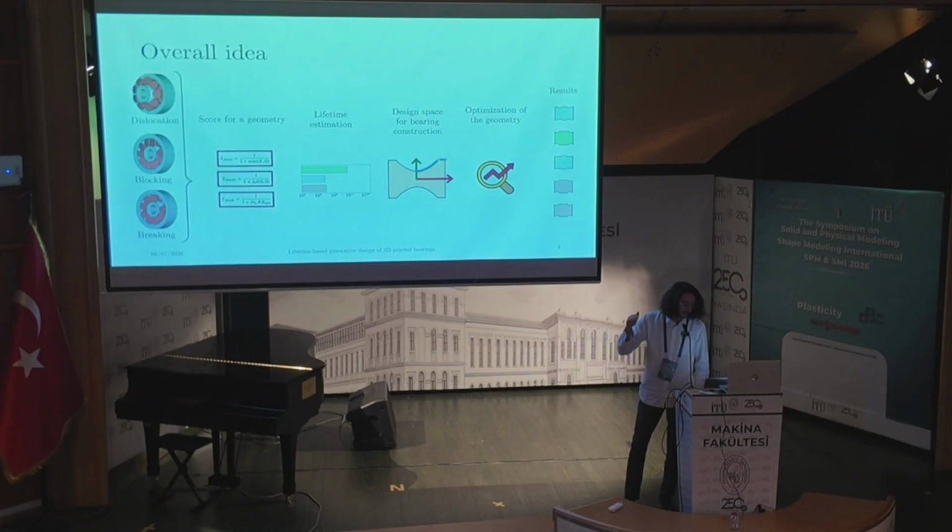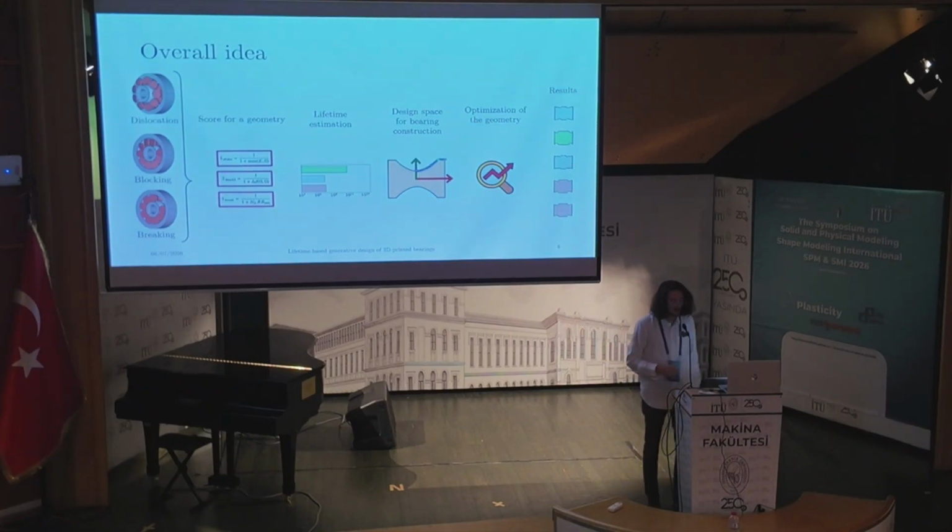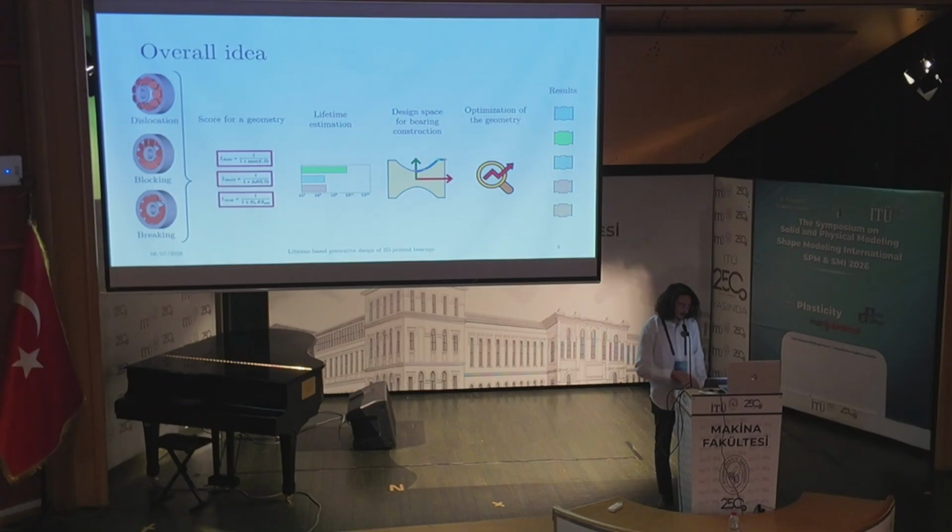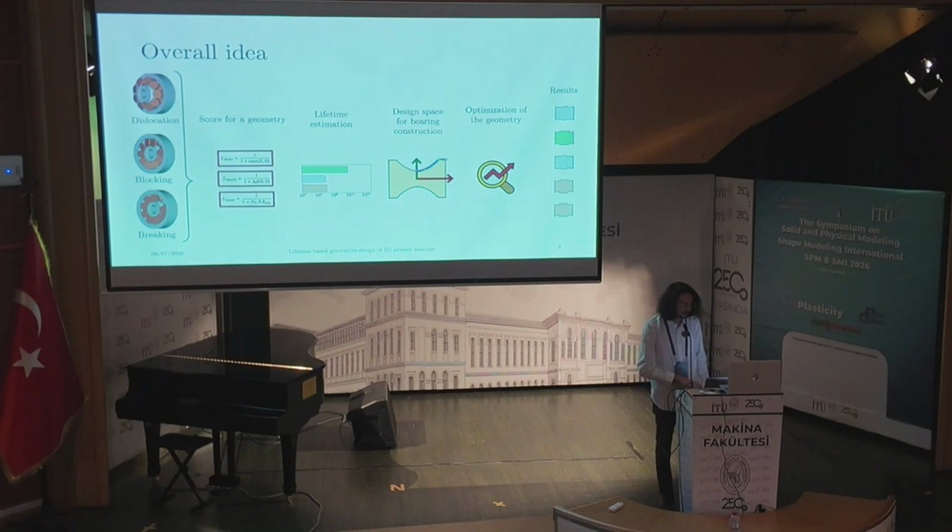Like this, we were able to optimize the geometry in the design space to maximize the lifetime. And then we get some results of optimized geometry, and we're able to compare them to state-of-the-art geometries. So I will go through all the failures and say how we designed the score for the geometry.